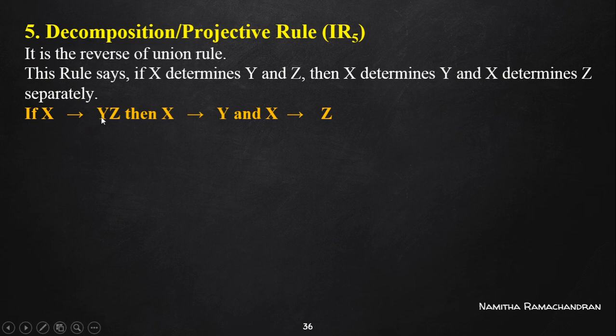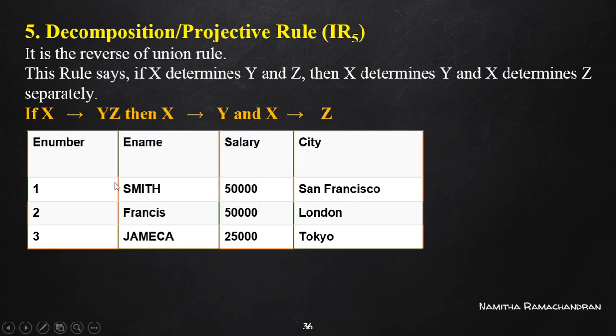If X determines Y and Z is a valid dependency in our given relation, which is given, then we can infer these two dependencies separately, like X implies Y and X implies Z, with the help of this decomposition rule. Consider one example.